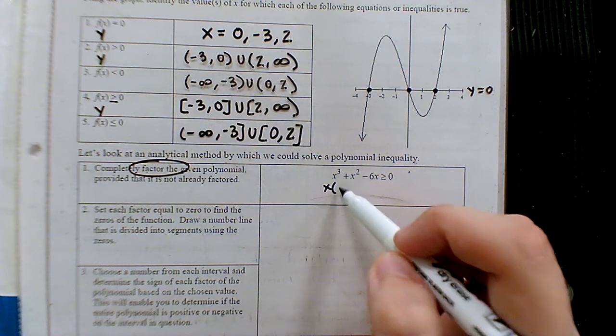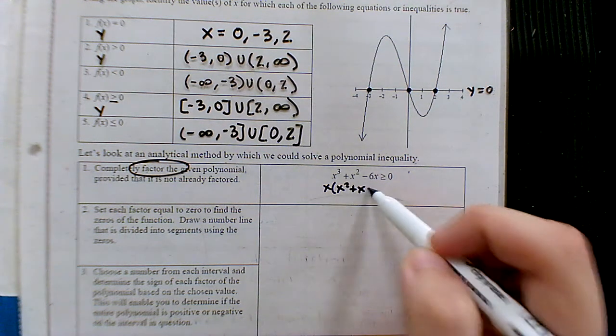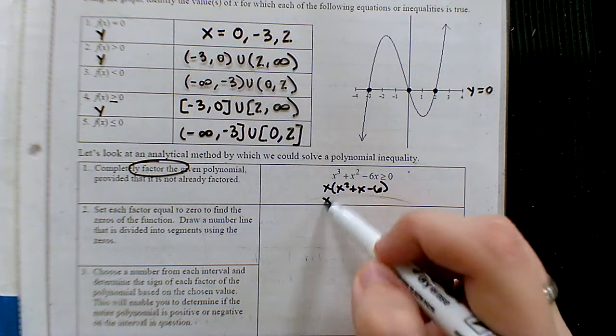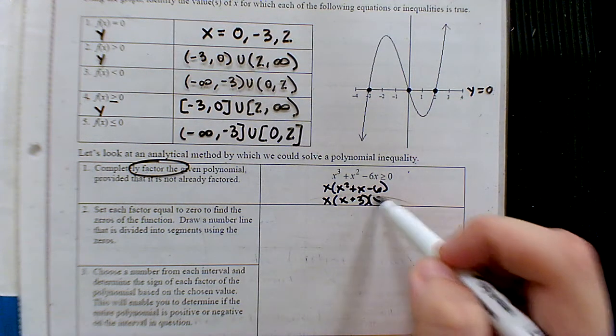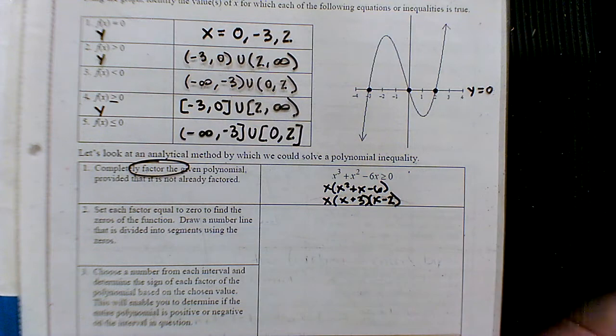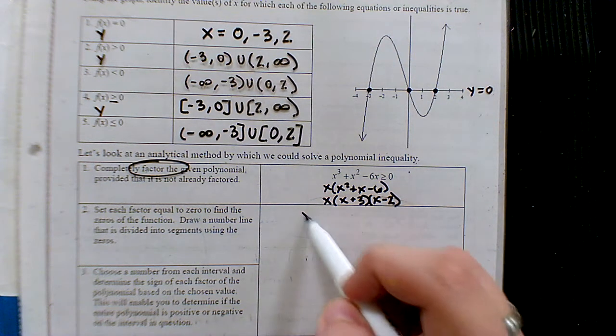We said we took out an x, and we could factor further. We had an x plus 3 and an x minus 2. We're going to find the zeros, or the x-intercepts based off of those factors.